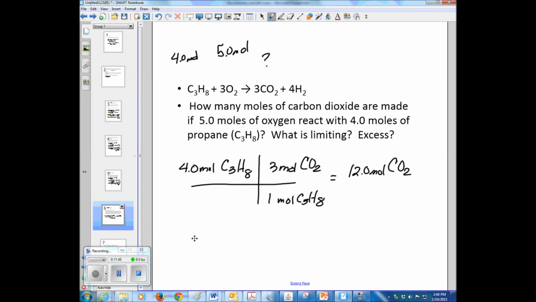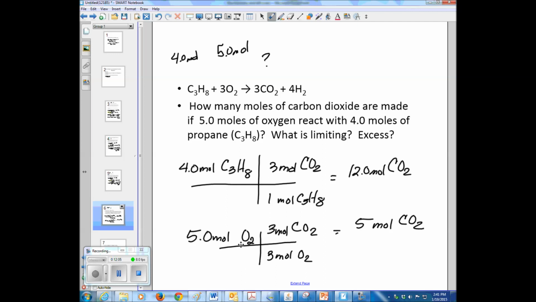Okay, let's try the other one. 5 moles of oxygen, and our ratio is 3 to 3. 3 moles of oxygen to 3 moles of carbon dioxide, and we have 5 moles of carbon dioxide produced.